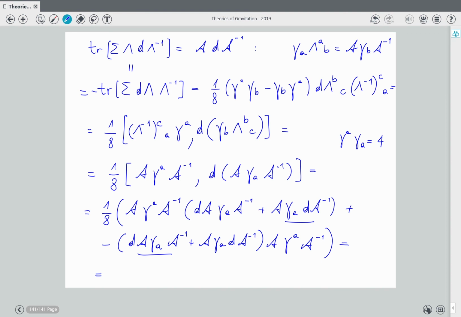Moreover, these two I'm considering give the same, well, okay, so 4 times 1/8 is 1/2. And so you remain with curly A, D, curly A to the minus 1. From the other one, there is a minus 1/2, D curly A to the minus 1.